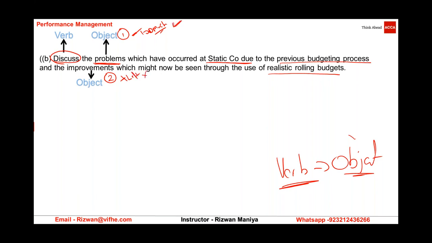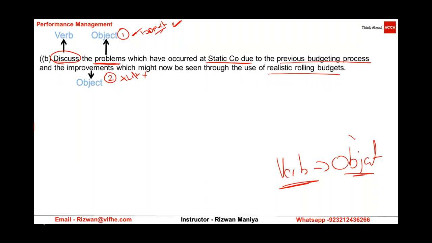This is the examiner mindset. The examiner says that if I'm asking you two things, you answer me two things. Don't answer only the area that you know best. You have to answer two things. Unless you do, you will not get marks.